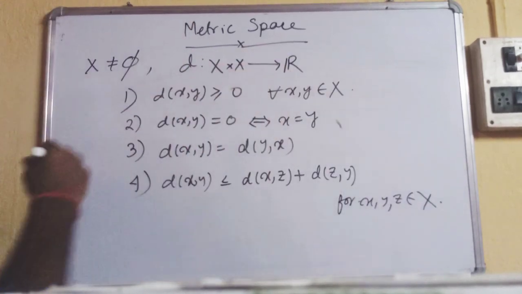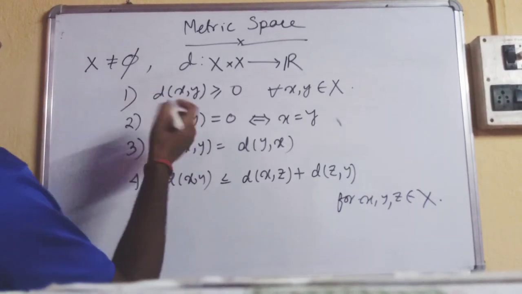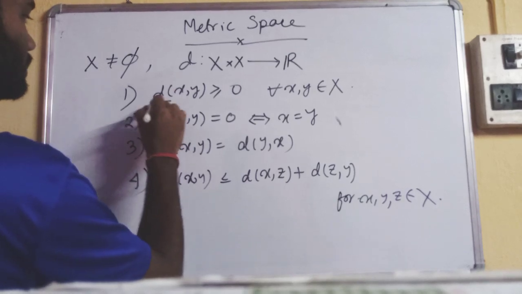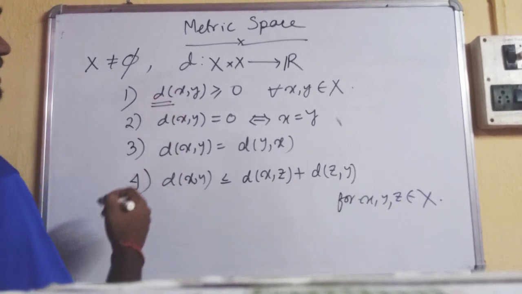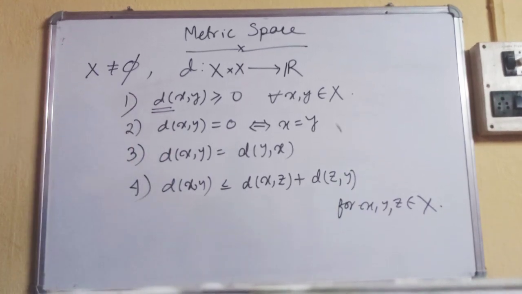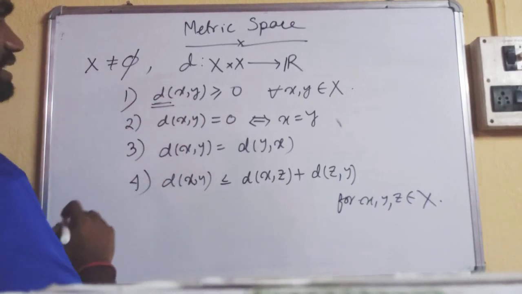Now, see here, for better understanding, suppose d is a distance function. Not necessarily, but a distance function is one kind of metric. So, suppose for simplicity d is a distance function.